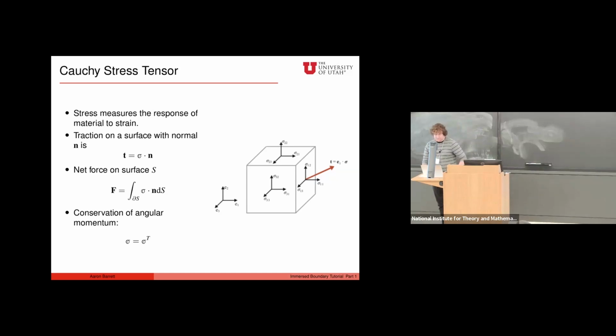And if we want the net force on some surface, then we need to integrate the traction over the entire surface. Different materials will come down to different specifications of how we compute the stress. So you need some kind of relationship between the stress and the strain, and that will be determined by whatever model you care about.